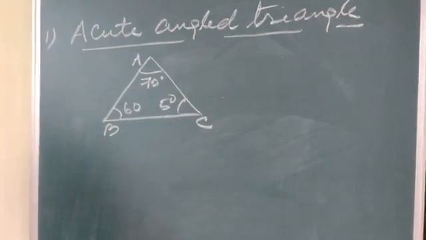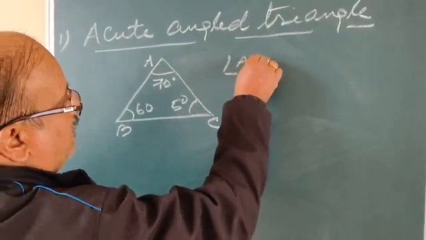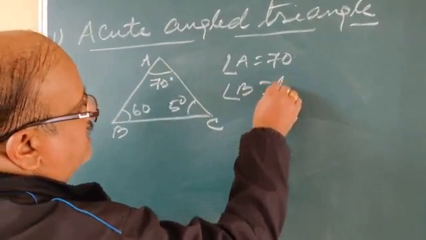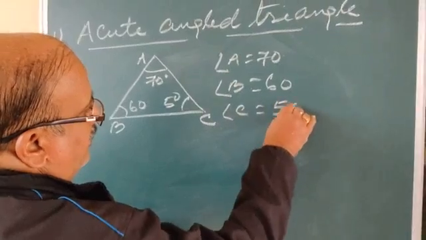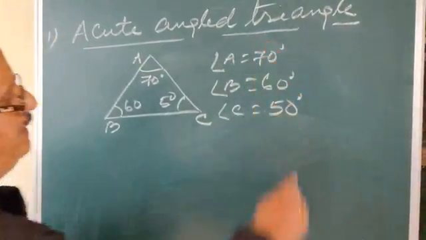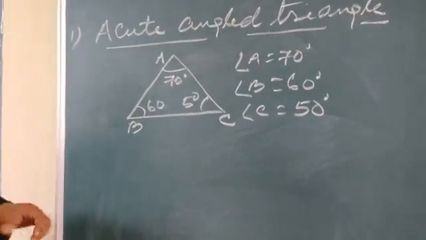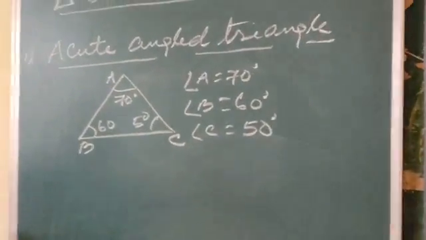Angle A is equal to 70 degrees, angle B 60 and angle C is equal to 50 degrees. That means all the angles are less than 90, or acute, so it is called an acute angled triangle. Clear?